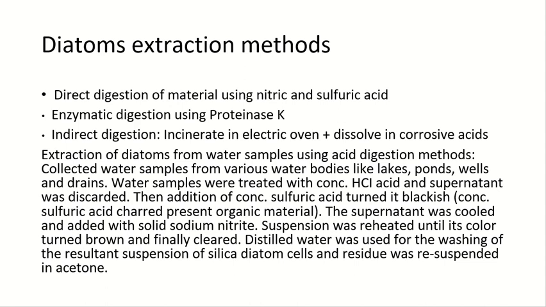Now the diatom extraction methods. First is direct digestion of material using nitric and sulfuric acid. Then enzymatic digestion using proteinase K. In case of indirect digestion, there will be incineration in an electric oven, charring, and dissolving in corrosive acids.